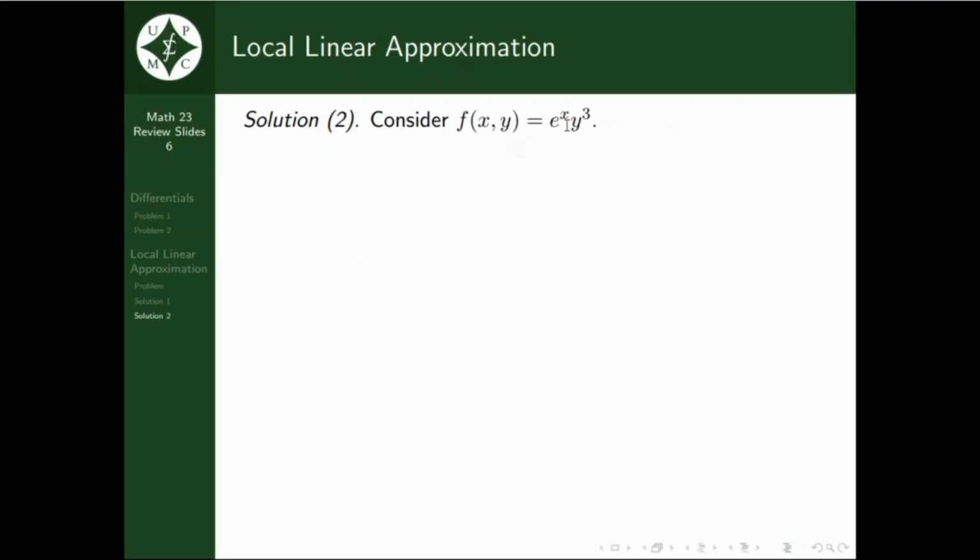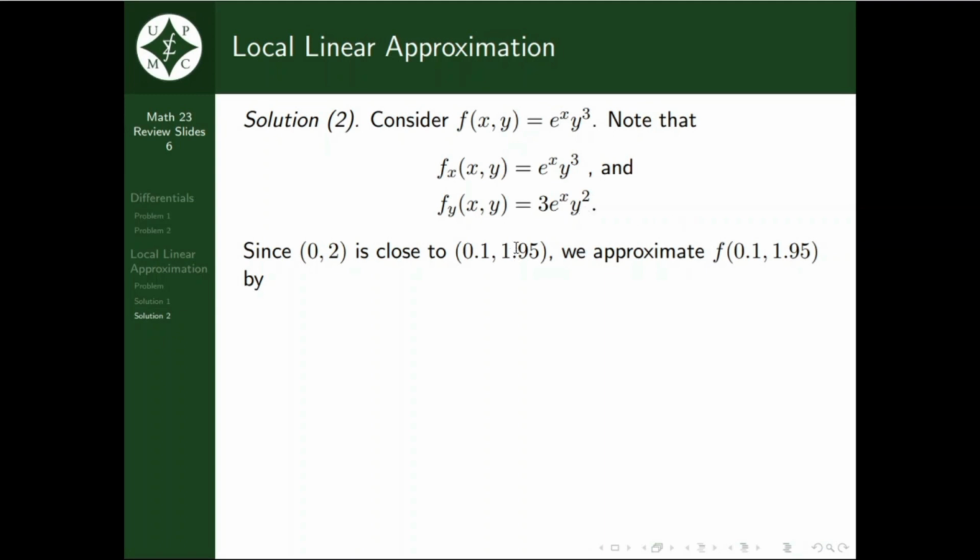So, this time we take note that yung partial derivatives niya with respect to x and y respectively are e to the x y cubed and 3 times e to the x y squared. So, take note na yung (x, y) natin is (0.1, 1.95), so it is very close to (0, 2).